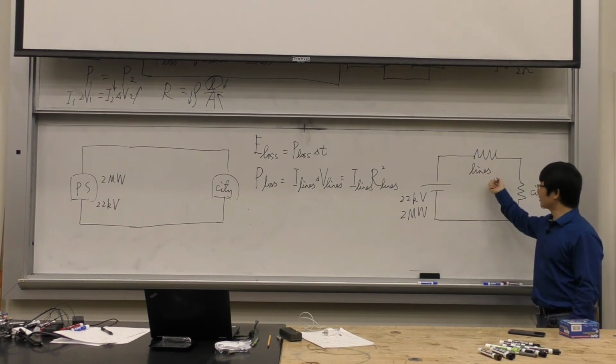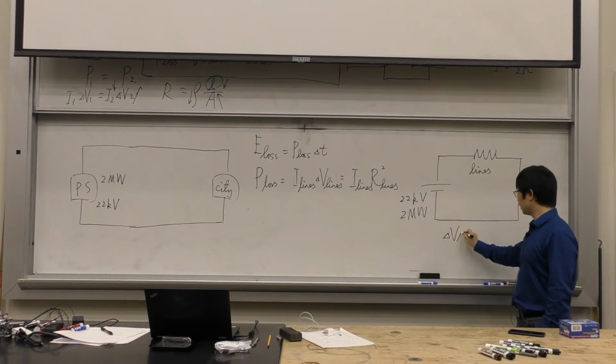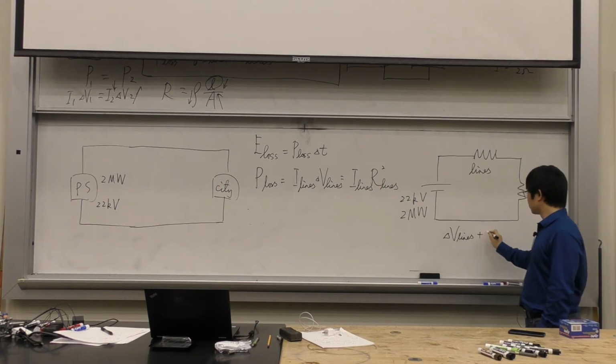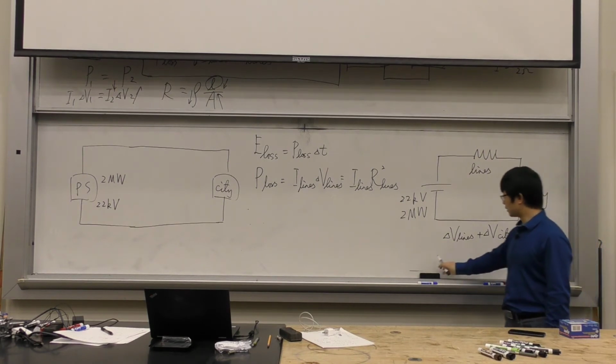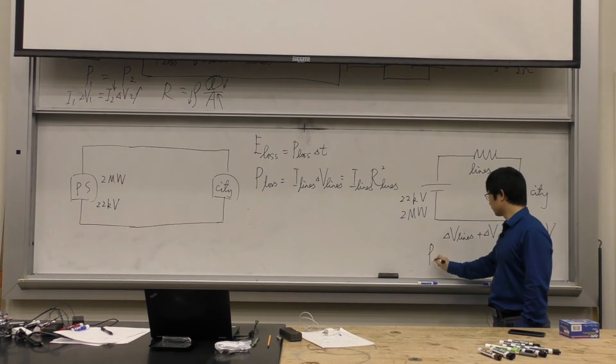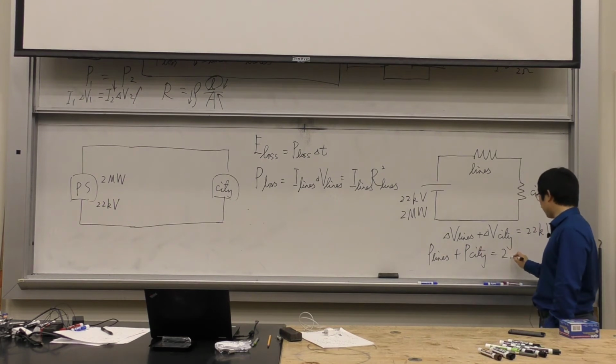The lines are going to take some voltage, right? Because from this diagram, I know that the voltage from the lines plus the voltage from the city is going to be equal to 22 kilovolts, right? And the power of the lines plus the power of the city is going to be equal to 2 megawatts.